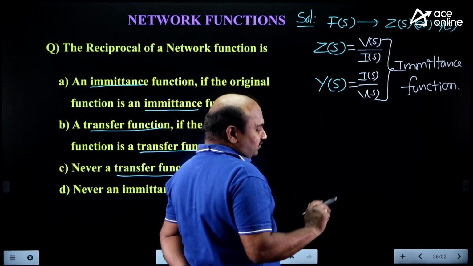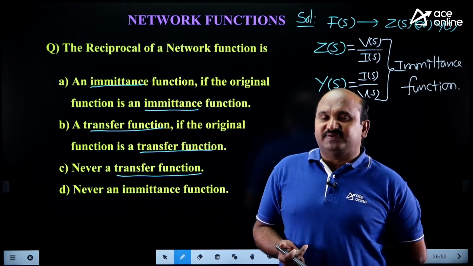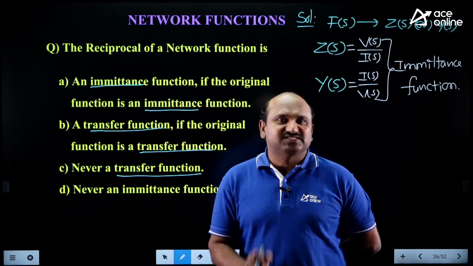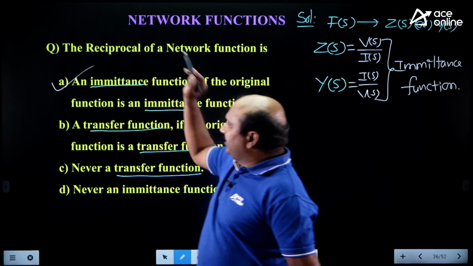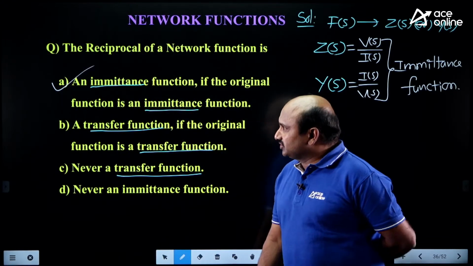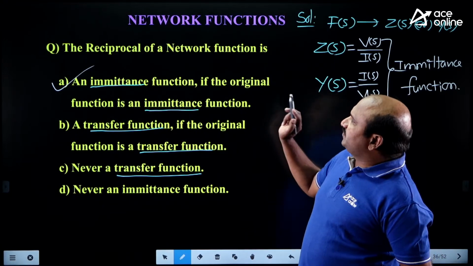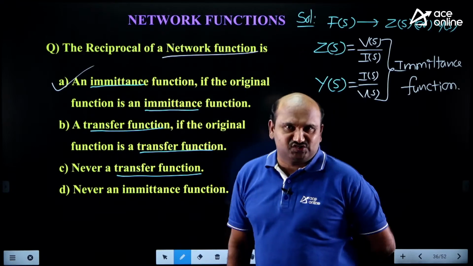But a transfer function you will not get here. A transfer function you cannot take. Transfer function, as per the definition, is output by input. That's why an impedance function can be considered as the reciprocal of that one. The reciprocal of a network function is the same kind as the original function.